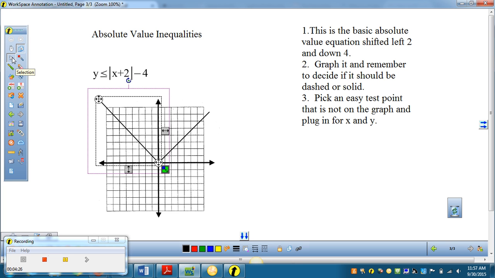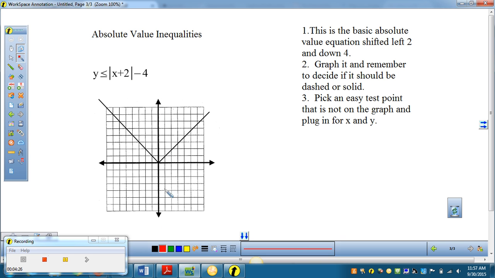And now we need to shift it left 2 and down 4. I'll do this in red. I want to take this vertex point and go 1, 2 to the left, and 1, 2, 3, 4 down. So our vertex is now here, and the slopes are still going to be 1. I will make a red line. It is solid because it is less than or equal to, so it has the equal sign.